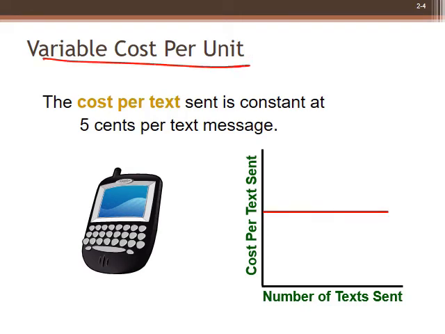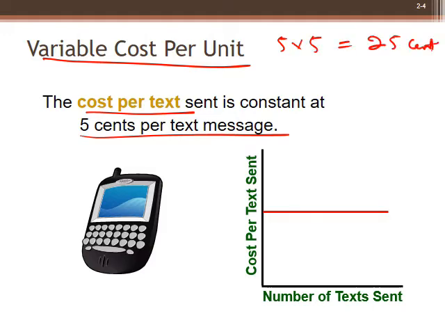And now, variable cost per unit. Although variable cost changes in total as the activity level rises and falls, variable cost per unit is constant. For example, the cost per text sent is constant at 5 cents per text message. If you send 5 messages, your total cost will be 25 cents, but one text costs you 5 cents.